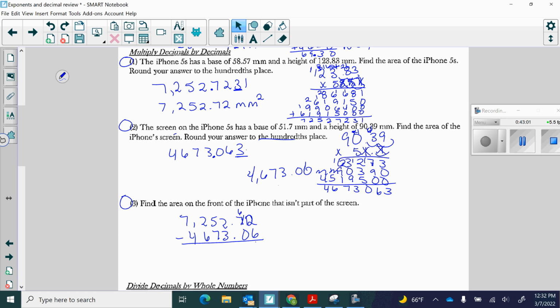So 12 minus 6 is 6. 6 minus 0 is 6. Decimal. Borrow. 12 minus 3 is 9. Borrow. 14 minus 7 is 7. Borrow. 11 minus 6 is 5. And 6 minus 4 is 2. So I should get 2,579 and 66 hundredths millimeters squared.